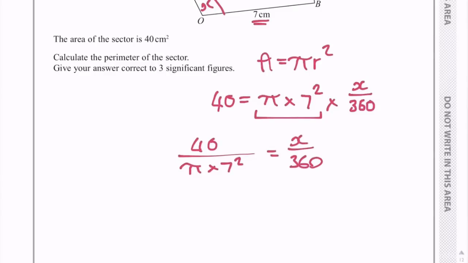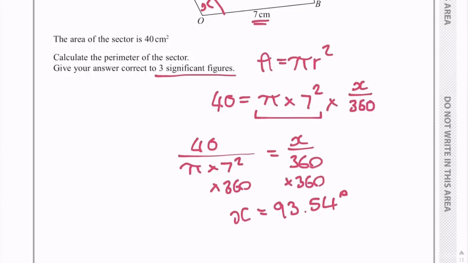And then I can just times both sides by 360. I won't write all the little steps down on the calculator, but that gives us the answer 93.54 degrees. I'm rounding this to 2 decimal places because it's very close, keeping it a little bit more accurate than the 3 significant figures that it's asking for.